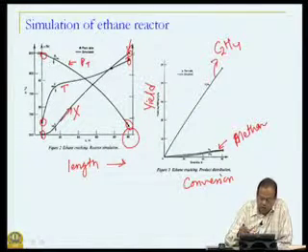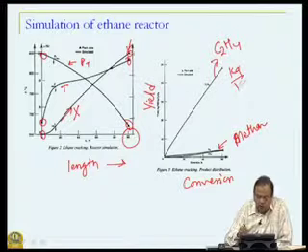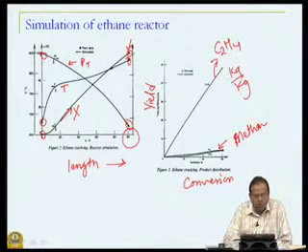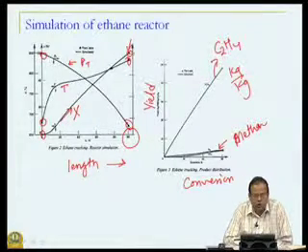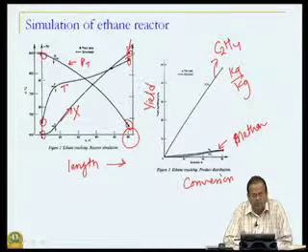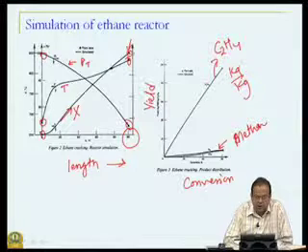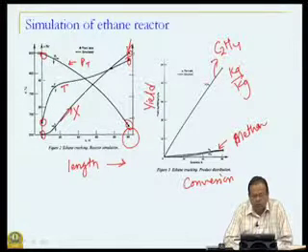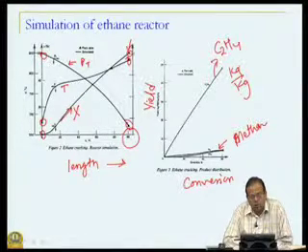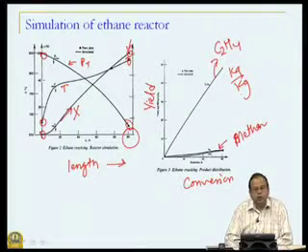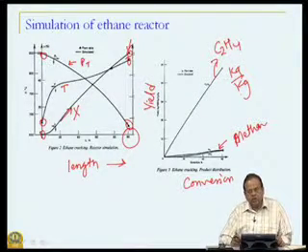Remember, this is expressed in kg per kg. In terms of moles, the molar yields of ethylene and hydrogen should be the same, but in terms of mass they are of course different, hydrogen being much lighter than ethylene.